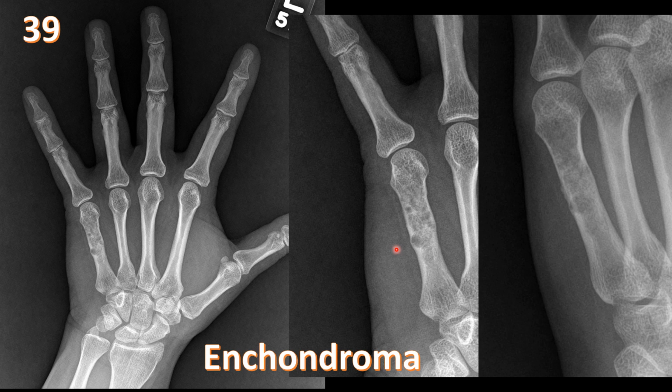We see them incidentally in knee MRIs, and less than 1 centimeter, we shouldn't do anything about it. More than 5 centimeters is probably degenerated just by size alone. Anywhere from 2 to 5 centimeters is a matter of should I follow it up or should I biopsy. So it's kind of a controversial issue, but those are the things you need to know about enchondroma and degeneration to chondrosarcoma.